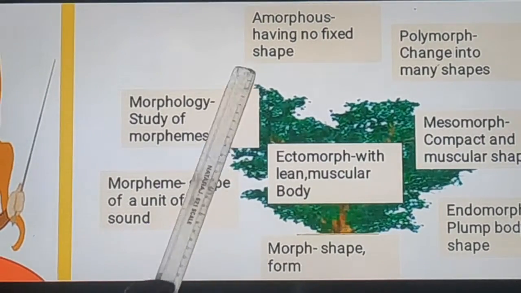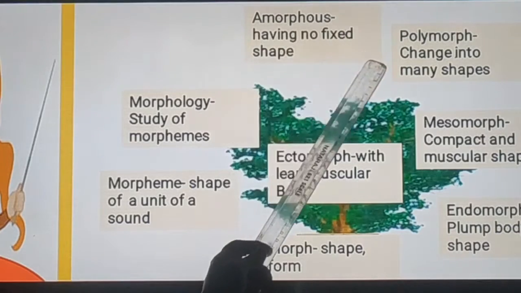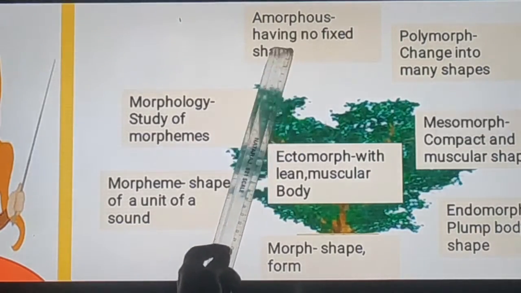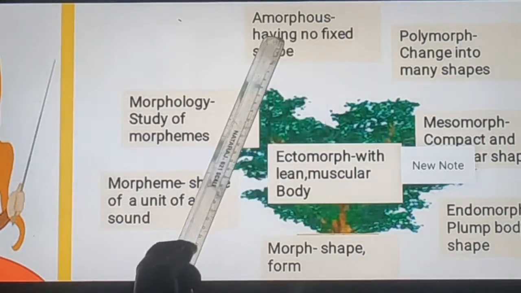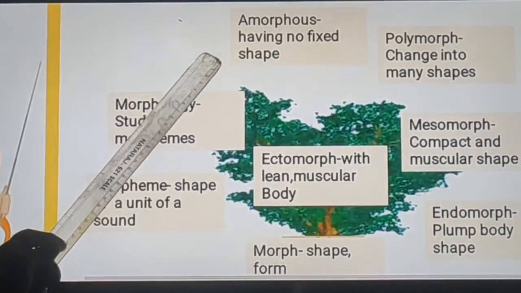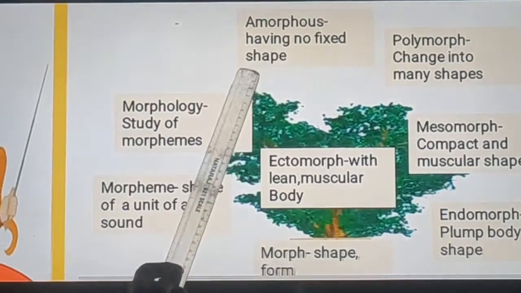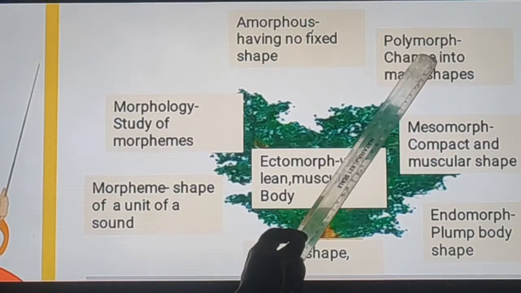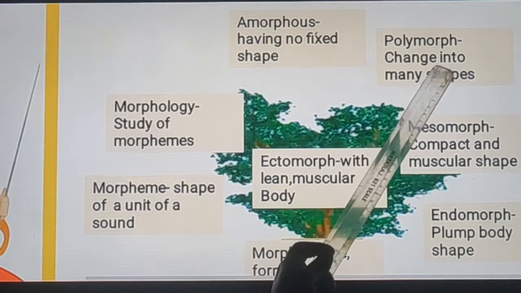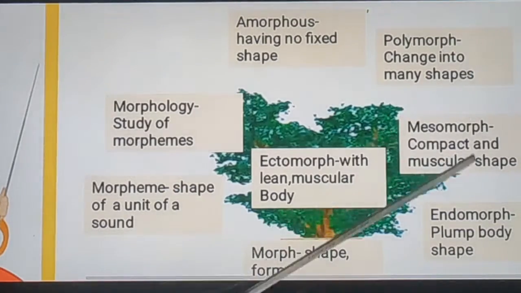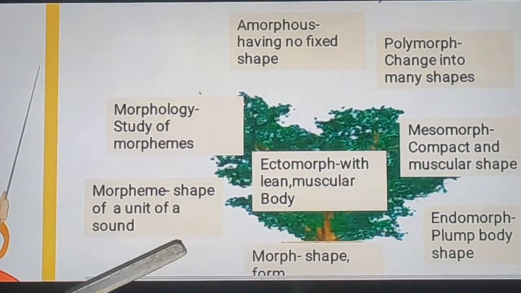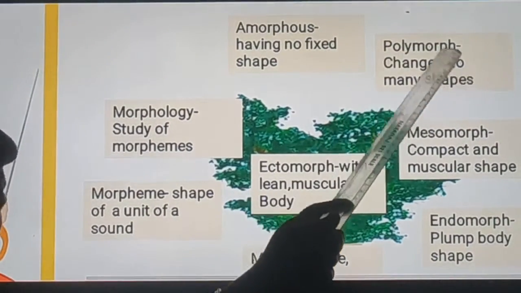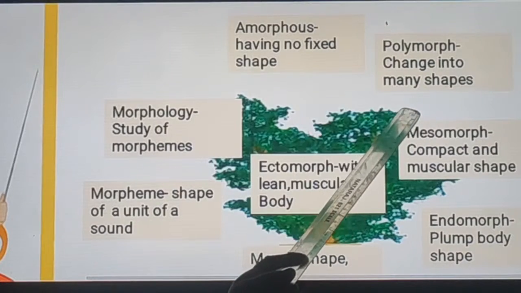Next one, amorphous. Amorphous means having no fixed shape. He does not have a particular shape, that is called amorphous. And polymorph. Poly means more than two or three, so polymorph means change into many shapes.